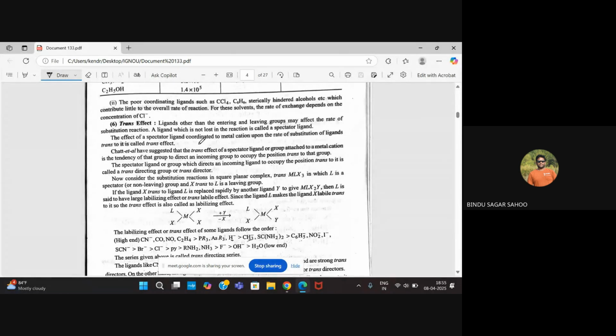Here we can check one example also. We are taking this complex MLXXX, in which L is a spectator ligand. We can consider L is a spectator and non-leaving ligand. And out of these three ligands, X, one can act as a leaving group.